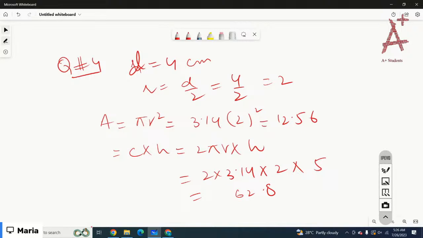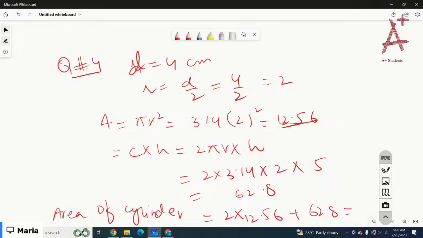So when you have to calculate the final area of cylinder, you have to add area of two circular faces. That would be 2 times 12.56, because 12.56 is area of one face, and then 62.8, that is the area of the rectangular face. So 2 times 12.56 is 25.12. 25.12 plus 62.8 would be 87.92. The area of the cylinder is 87.92. Got it?